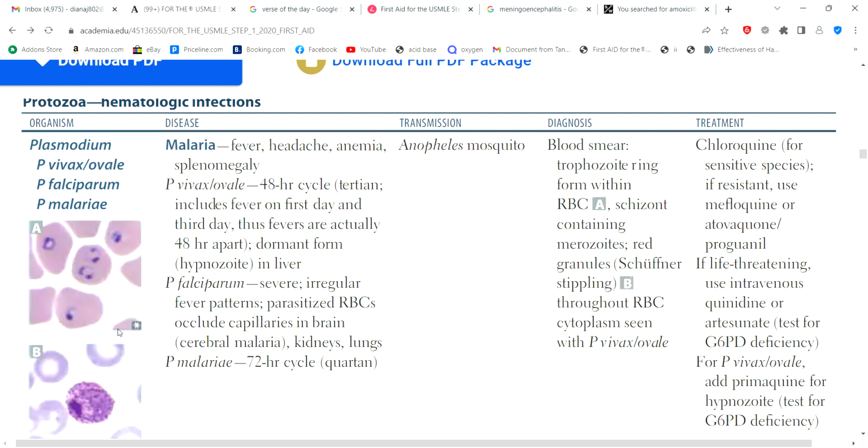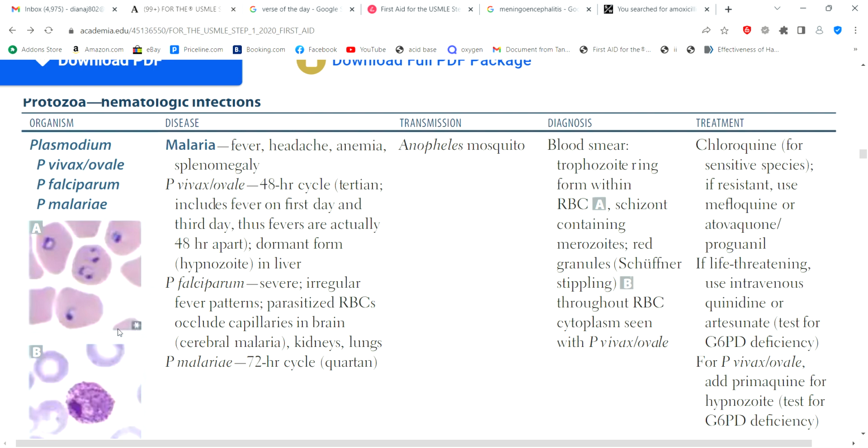Okay, now something else you gotta know. Sickle cell disease is protective against Plasmodium falciparum. Why is that? Remember we said the P. falciparum likes to go and occlude, block off capillaries in the brain, kidney, lungs, with the RBCs with the parasite inside of them. In sickle cell disease, remember the cells are sickled.